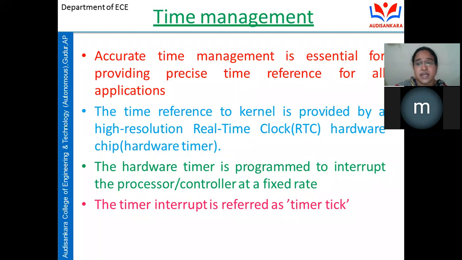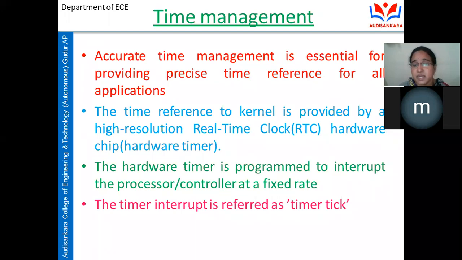The accurate timing behavior, or accurate time management, is essential for providing a precise time reference for all the applications. The time reference to the kernel is provided by a high resolution real-time clock, which may be a hardware unit or hardware chip.